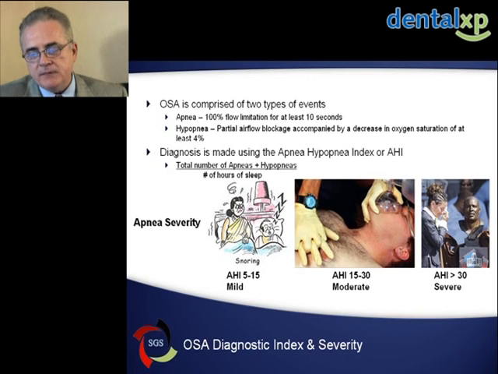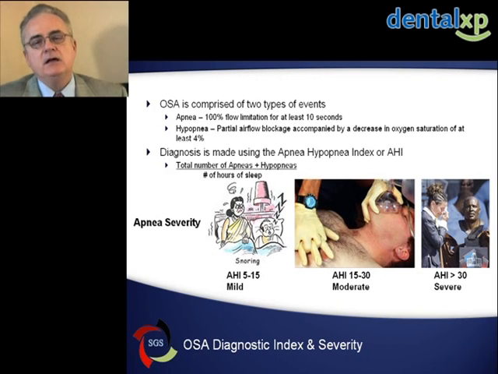Obstructive sleep apnea basically is described by a couple of events that are going on. In obstructive sleep apnea, where you have physical obstructions to breathing, and we'll talk about how that happens in a moment, you may actually have the lack of airflow, 100% flow limited breathing, and that's called apnea.